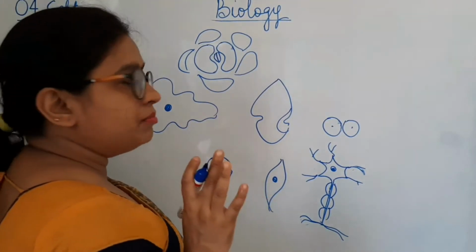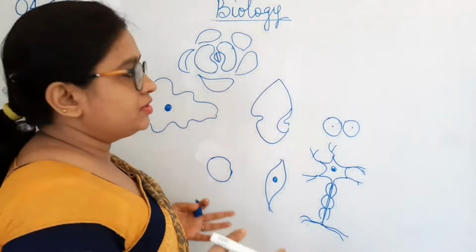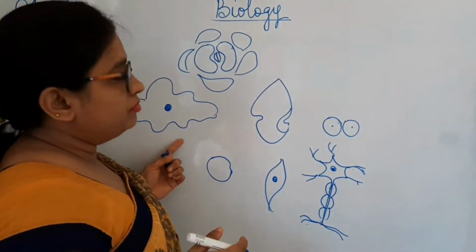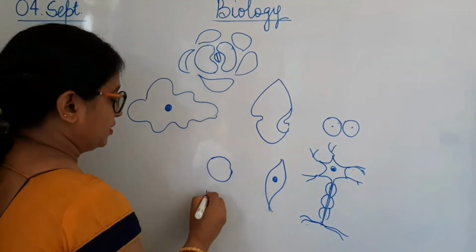Here I have drawn some diagrams. I think you will be able to identify these things. This is an amoeba, this is a paramecium, this is yeast, this is an RBC.